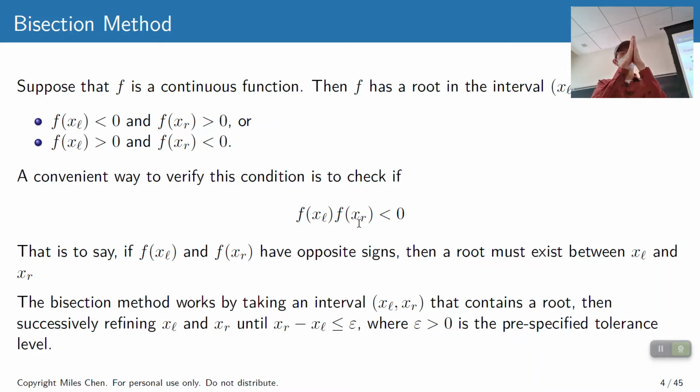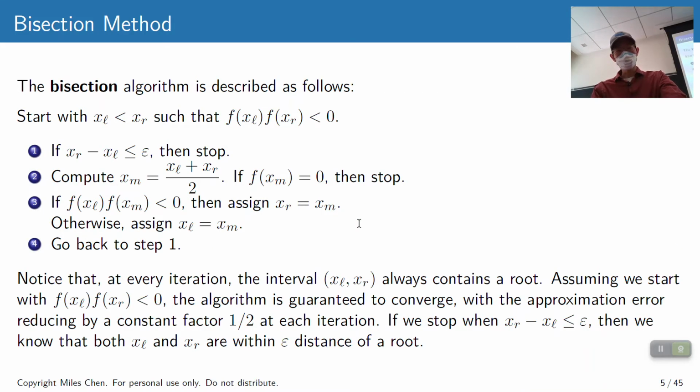If we get it to where they are like 10 to the negative 7 apart, and one side is negative and one side is positive, then we know there's a root somewhere in between, within 7 decimals of precision.